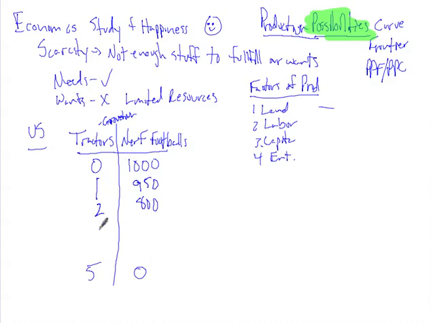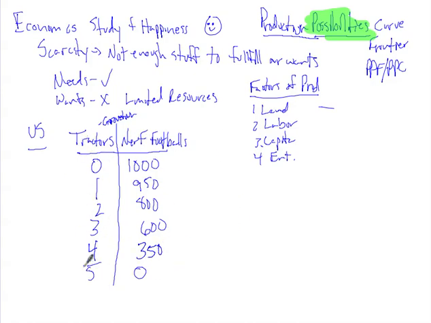If we wanted to produce three tractors, let's say that that drops to 600 again, because as we move this way in tractors, we're pulling more resources away from Nerf footballs, and that's why this number is getting smaller and smaller and smaller. So let's say we get four tractors, and let's say we can now produce 350 Nerf footballs. So this is our production possibilities.